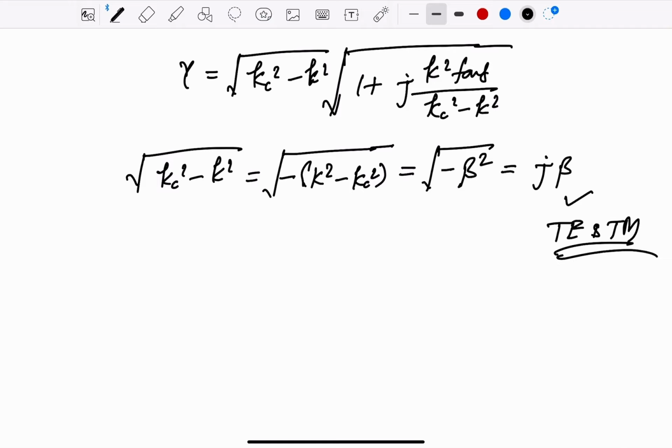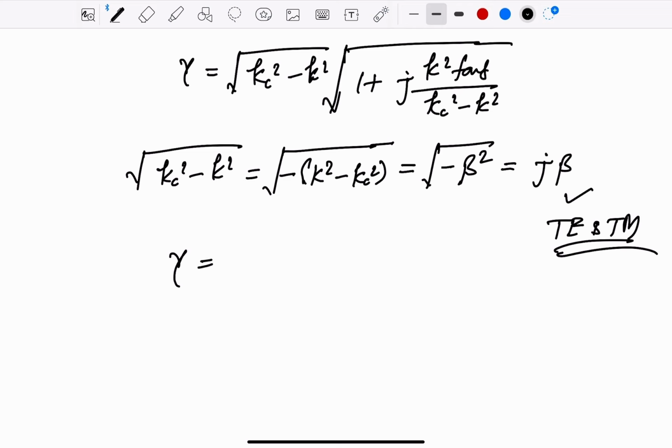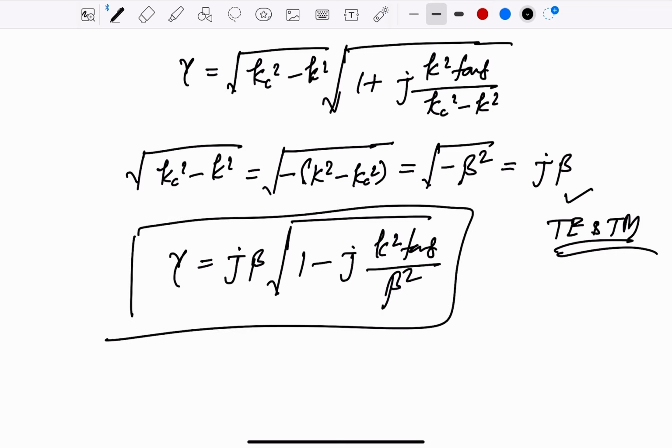So finally gamma could be expressed like this: j beta under root 1 minus j k square tan delta over beta square. Why are we writing it like this? Because we have the beta in this equation, and tan delta representing the losses, and the k square. So it eases our life.